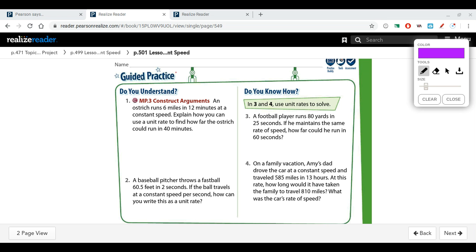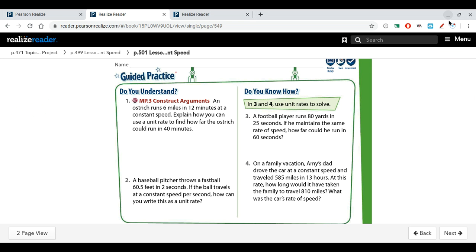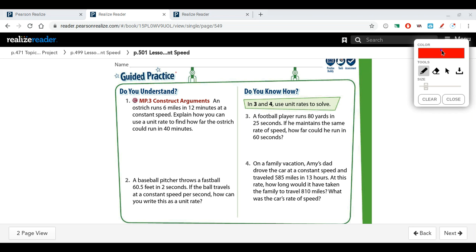To find this, I am going to divide 80. I'm sorry, I totally was working on the last problem. I'm going to divide 585 by 13, and that will tell me how many miles per hour.